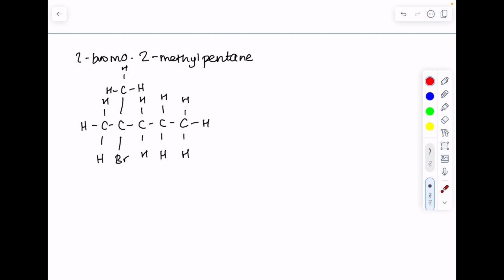Just to point out, that central carbon there is attached to 3 carbons, so it's a tertiary halogenoalkane. To show how isomeric products may be formed, I'm going to show you what happens when the lone pair attacks this hydrogen here, forming the double bond down there, and we lose this bromine. So there's the formation of our double bond.